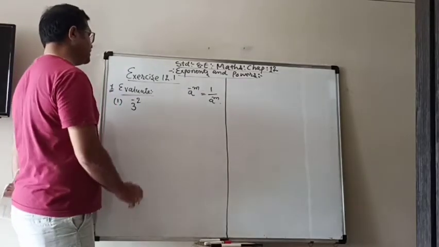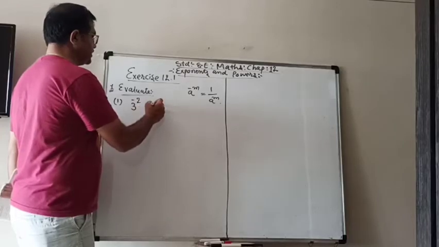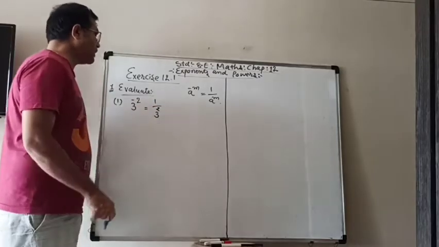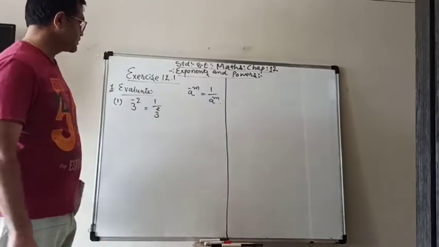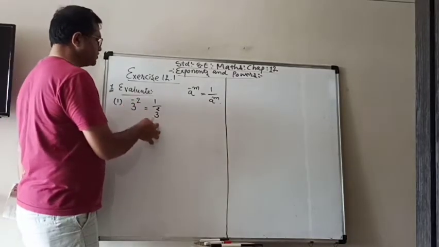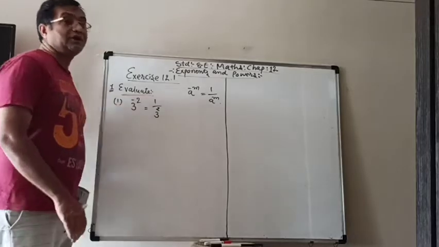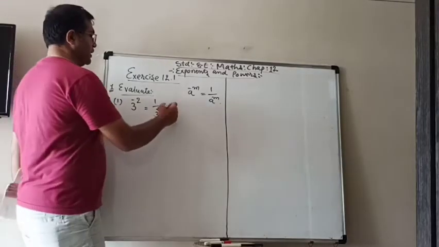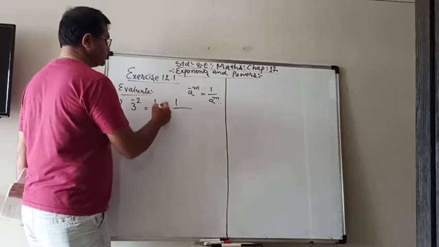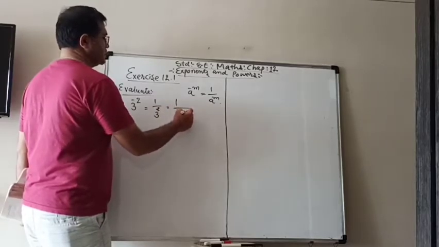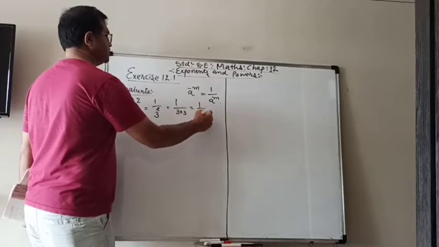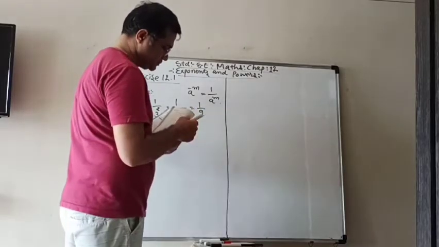Applying the same rule here, we can write it as 1 upon 3 square, because when a negative power goes into the denominator it becomes positive power. 3 square is 3 into 3, so you get the answer 1 upon 9.